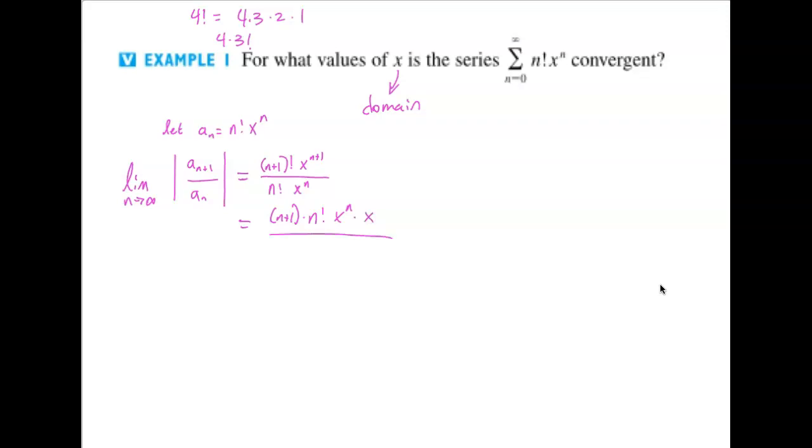And then I have that over n factorial x to the n. I can get rid of my n factorial and x to the n. What I'm left with, and I do need absolute values here because x is a variable and not necessarily positive, is the absolute value of n plus 1 times x.